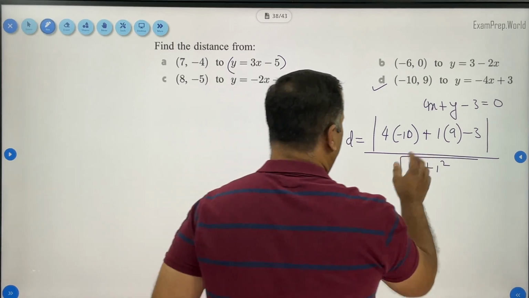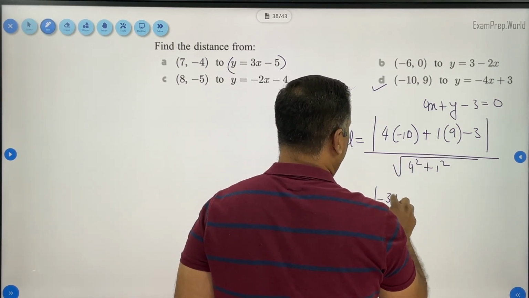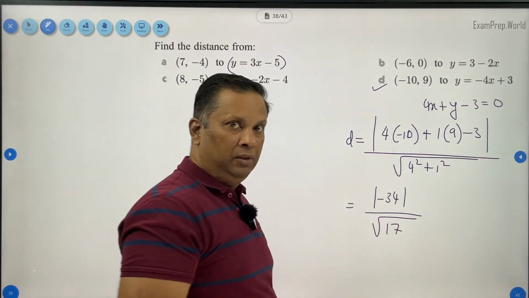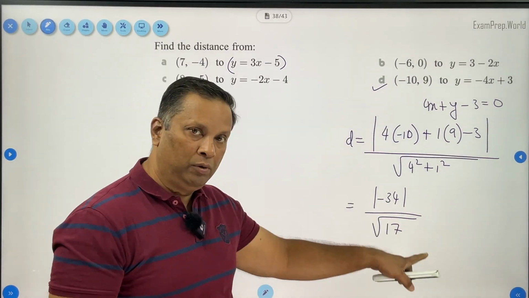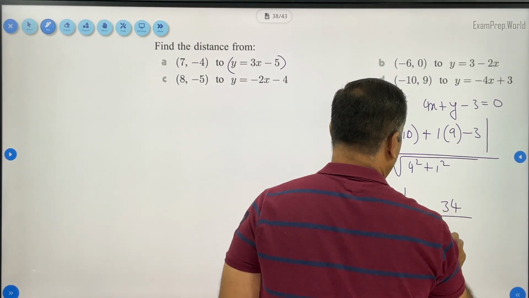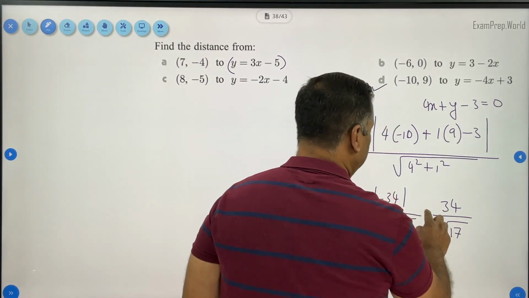Negative 34. So it is negative 34 by root of 17. Now absolute value, negative 34 will become 34 by root of 17.